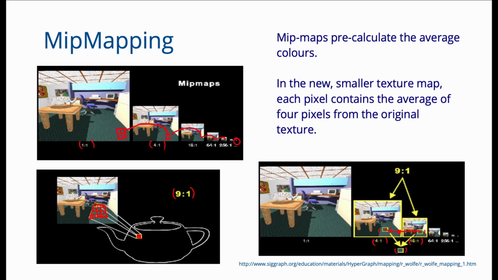Assign that color to your fragment. So what did this do? This saved you some cost of calculating the average of the texture samples by leveraging the fact that you have pre-calculated some of these averages and stored them in the MIP map.